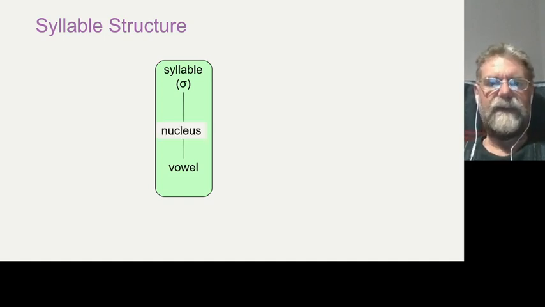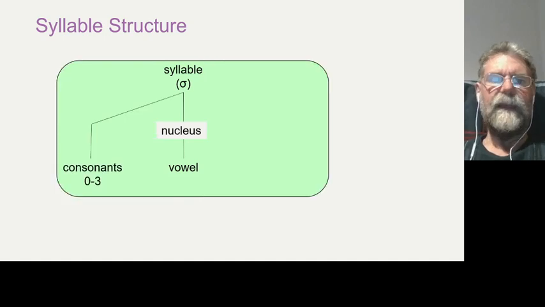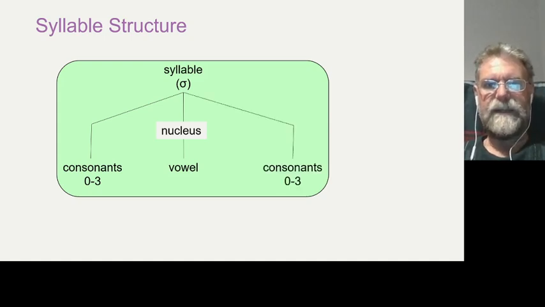So every syllable is made up of at least a nucleus, and that nucleus is typically a vowel. Then we have a possibility of putting 0 to 3 consonants in front of the nucleus, and the same set of things behind the nucleus.